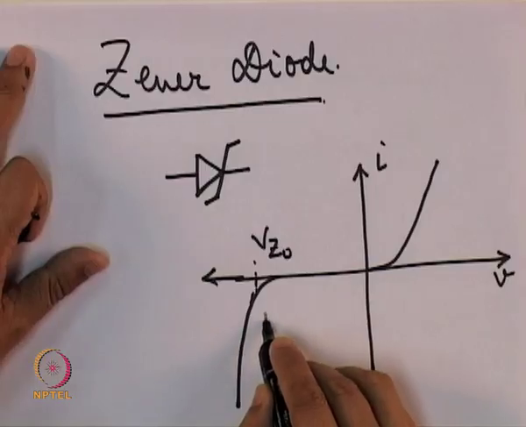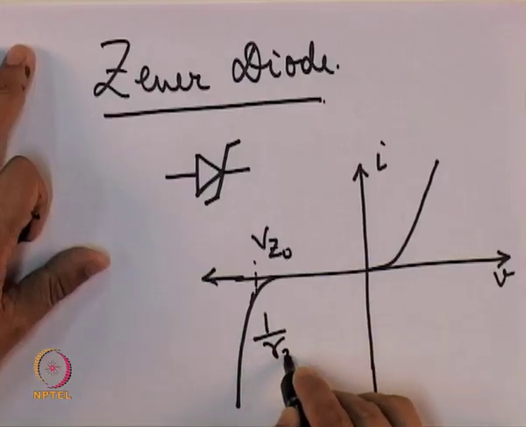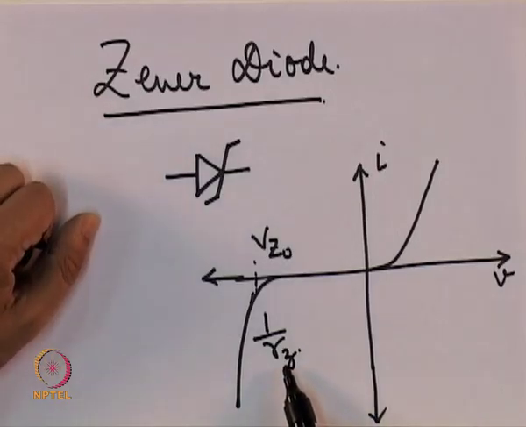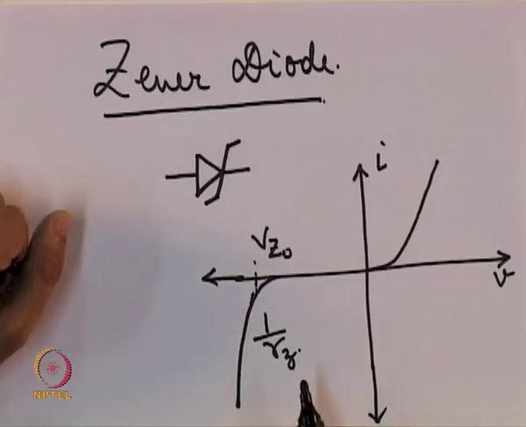And in fact it will fall and go to a value say RZ.